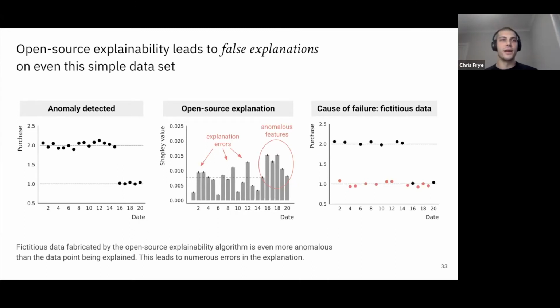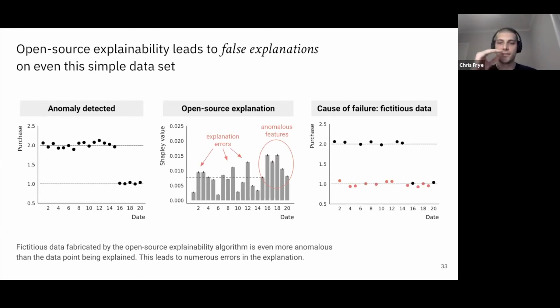The plot on the far right shows that the cause of failure here is the fictitious data problem. Let me explain what's going on in this plot. So to determine the importance of certain features, as we talked about a few slides ago, the open source Shapley calculation will remove these features and then fill them back in with random draws from the data set. So here I've showed the unremoved features in black.